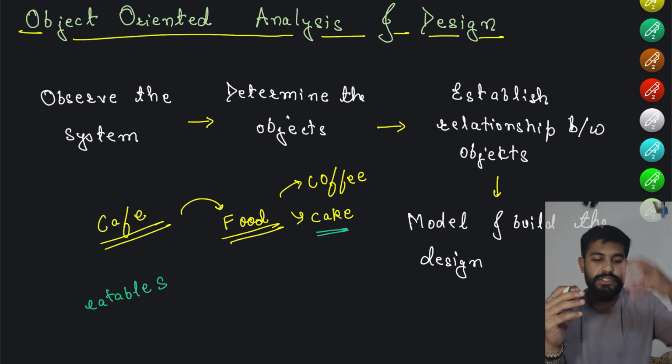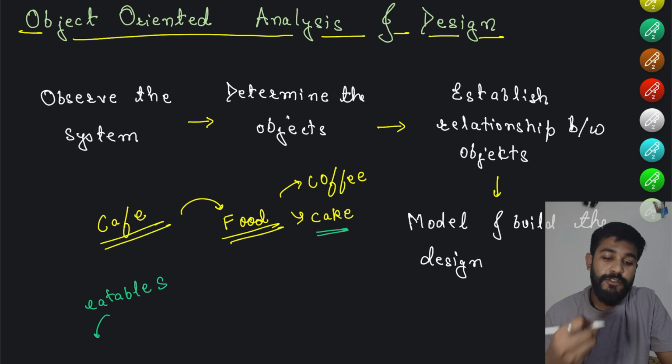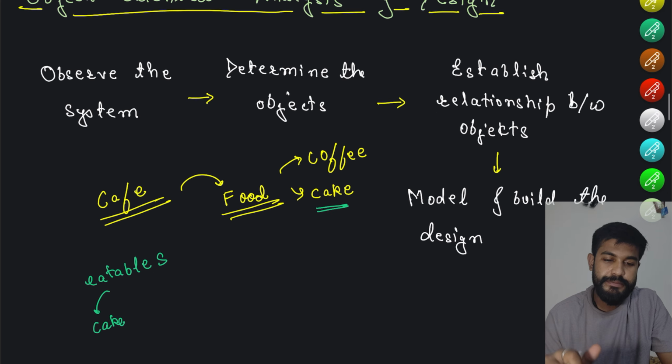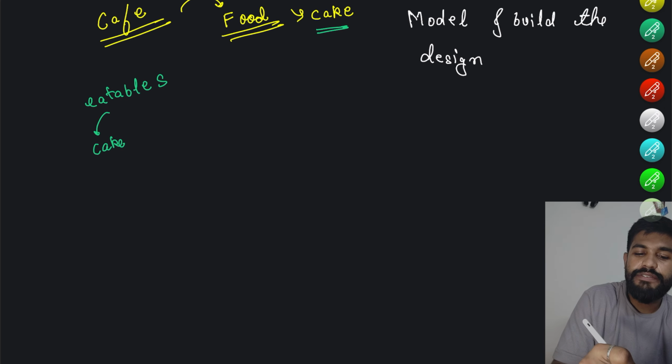On top there is an eatables object, and it would inherit different types of eatables, that is different types of cakes, different types of biscuits.